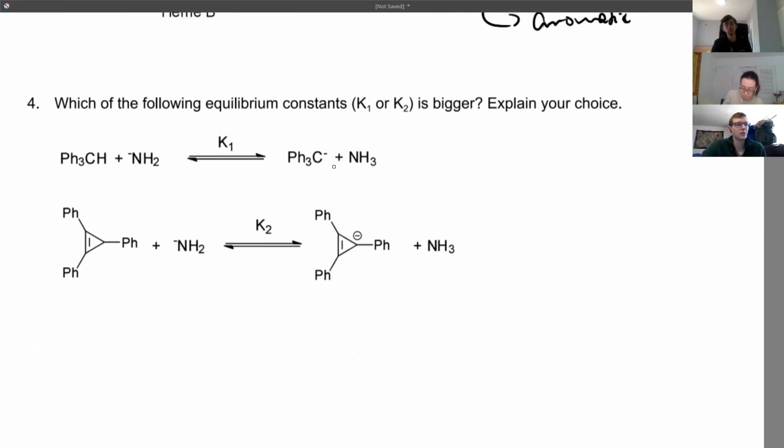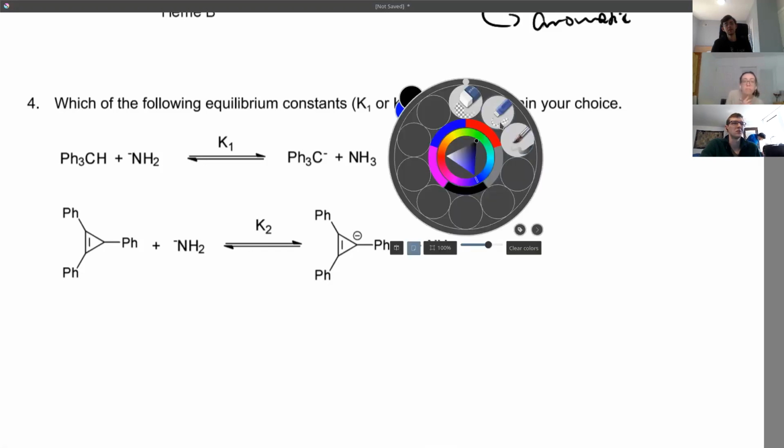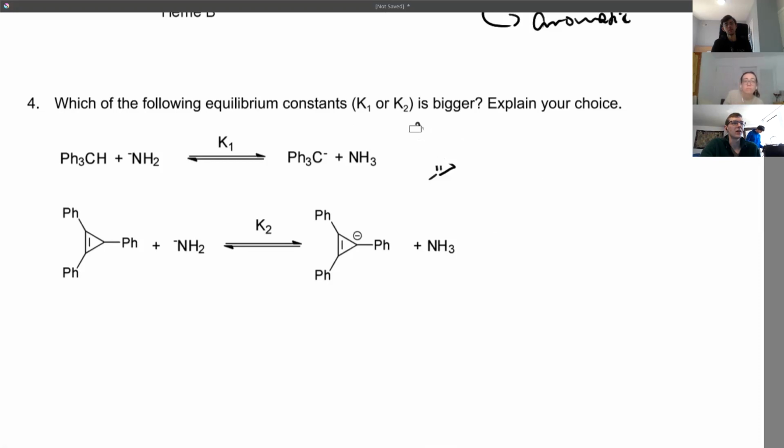It asks, in other words, which of the forward reactions is going to be favored more? Yeah, and so maybe let's... I think it's going to be the second one. Okay. Let's see. Oh, what am I drawing? Okay.